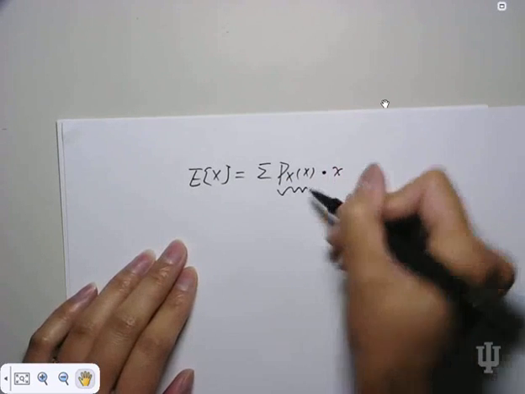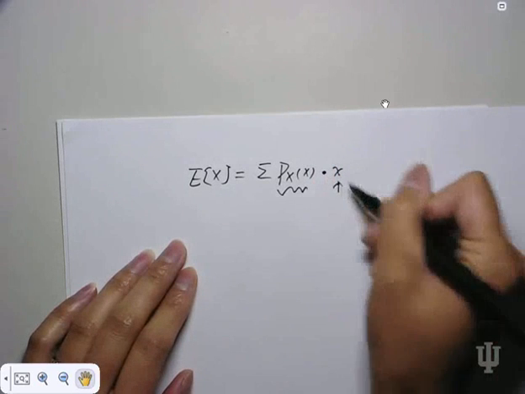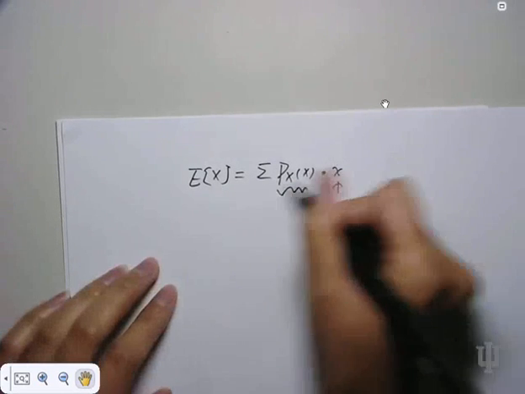So each probability of certain value of your random variable, times the value of your random variable, and sum up all the possible values.